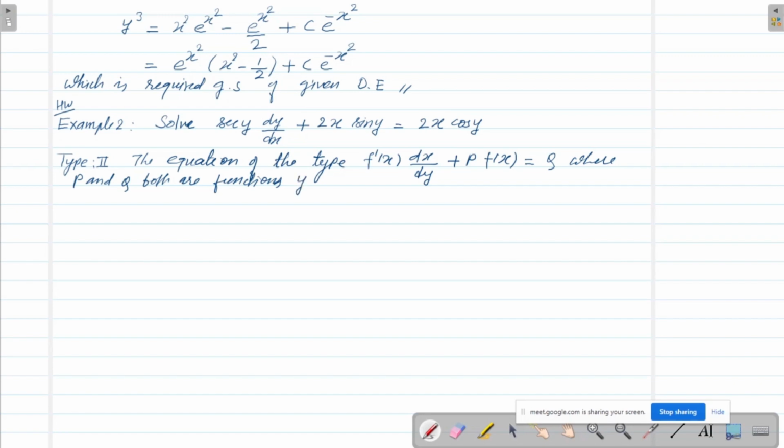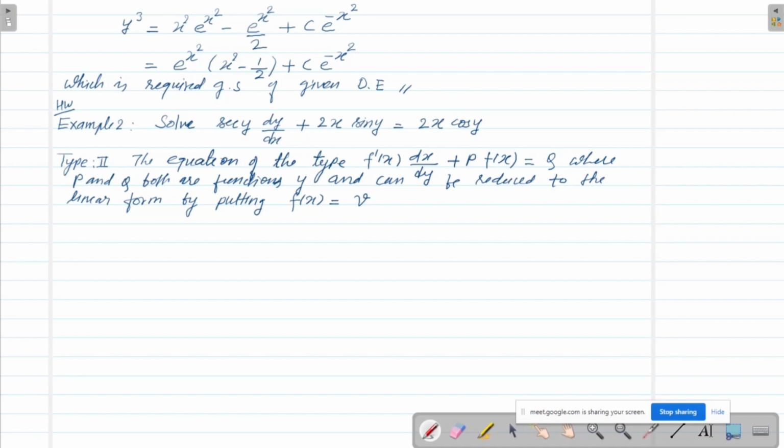can be reduced to the linear form by substituting, or you can say by putting, f(x) = v.